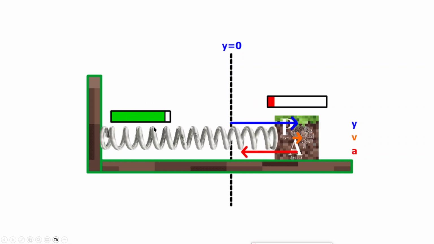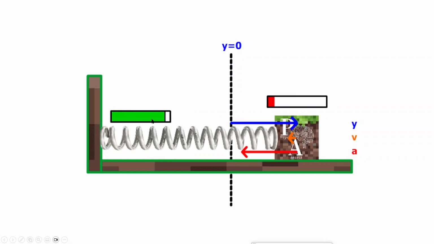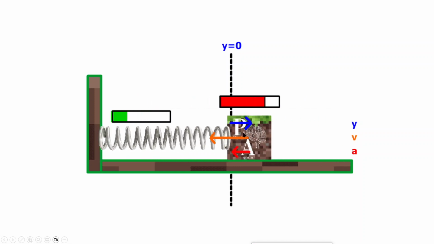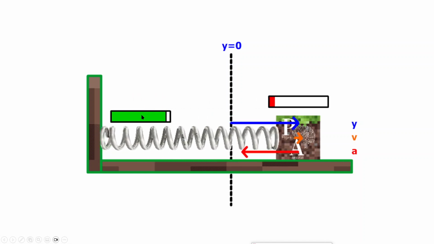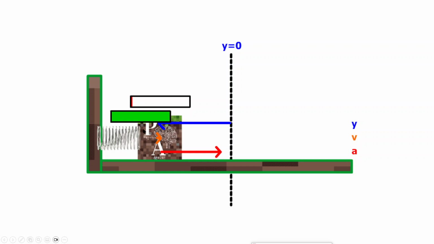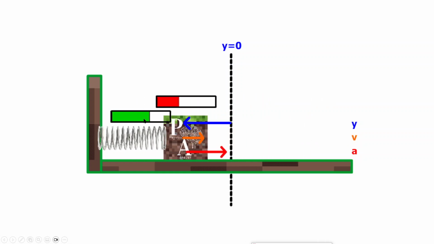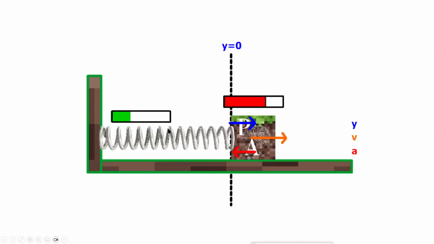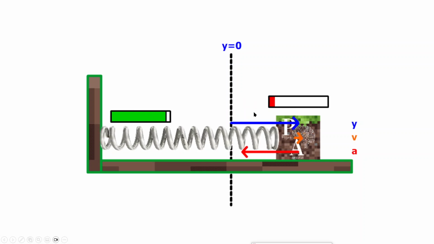During maximum compression, you see that? It has the maximum compression or maximum extension, and it has the maximum potential energy. Can you see that, class? Compression maximum, extension maximum, elastic potential energy. And then the energy interchanges with the kinetic energy.